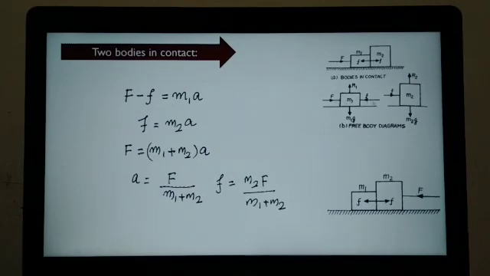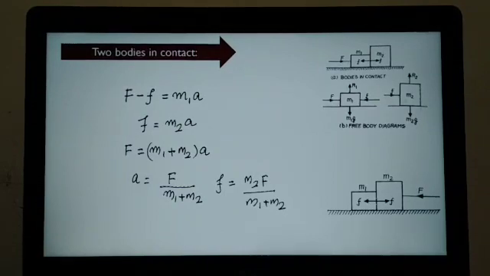Then I already told you the contact force is coming back from m2, that is small f. As a result of this force, the body moves in the right direction, in the direction of applied force F. Are you getting that?